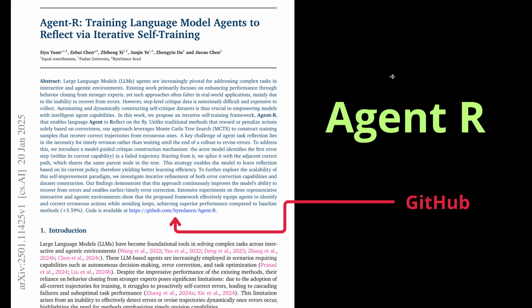Now that I've told you everything about Agent R, it's time that I show you this beautiful paper. So you have here the paper, January 20, 2025, Agent R: Training Language Model Agents to Reflect via Iterative Self-Training. Fudan University and ByteDance. Oh, ByteDance Seed. Oh, interesting. Here you have the code.